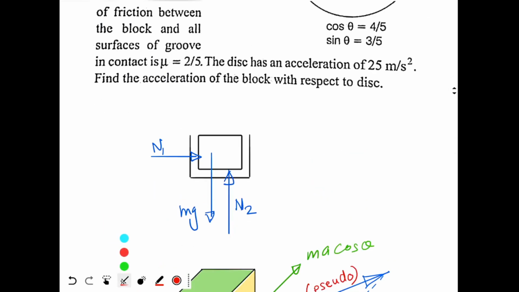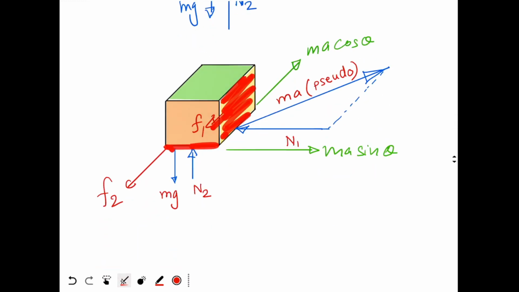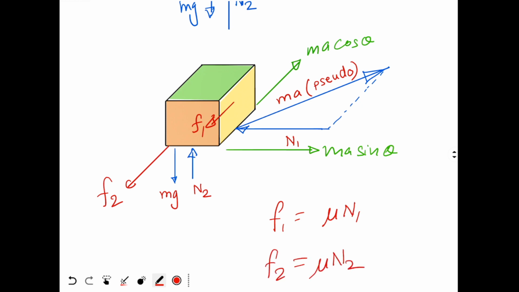Okay, the wall is applying a friction and the bottom is also applying friction. So the wall is applying friction F1 and the bottom surface is also applying friction F2. So F1 will be mu n1 and F2 will be mu n2. Correct.